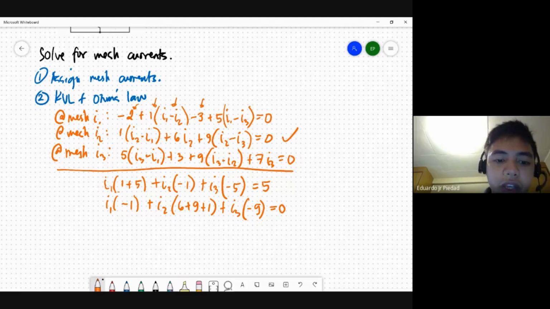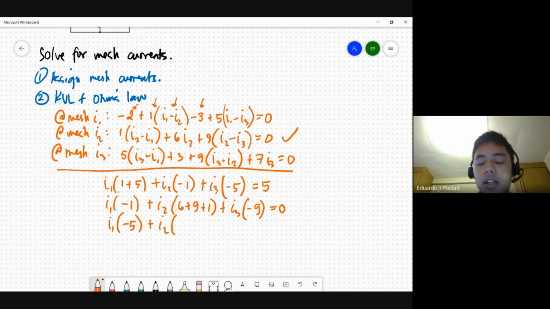At the third equation, we have I1 again, so we have negative 5, plus I2, we have negative 9, plus I3. How about I3? We have 5 plus 9 plus 7.